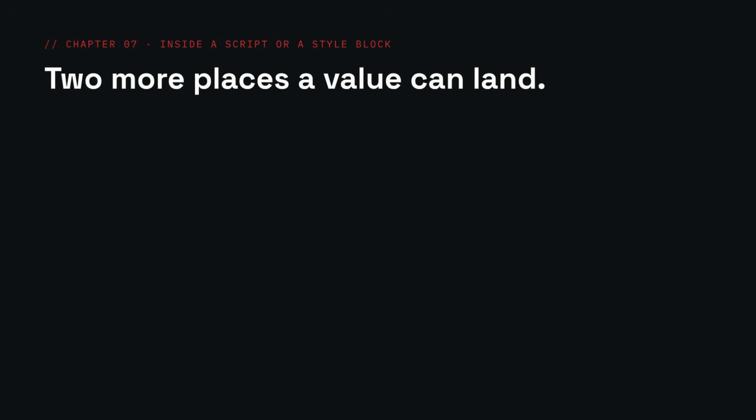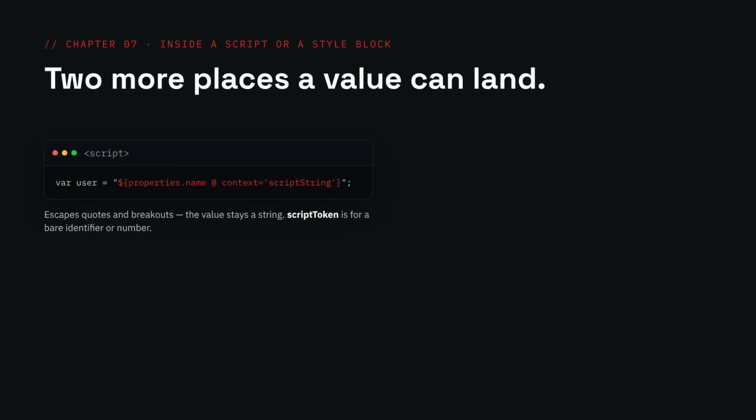There are two more places where a value can be used and they need their own context. First, inside a script. If we put an author's value inside a JavaScript string, we need to make sure that value cannot break out of the string. That's what script string is for. It escapes the characters that could break the string, so the value stays as a string.